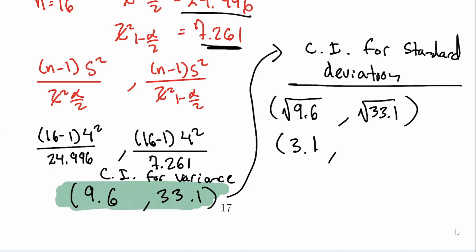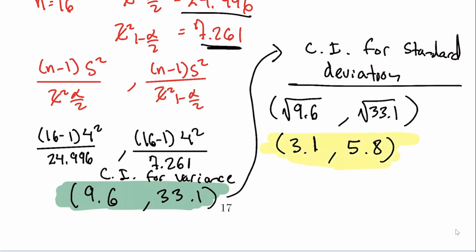If I take square root of 33.1, you get 5.8. And this will be your answer if we wanted the confidence interval for standard deviation.